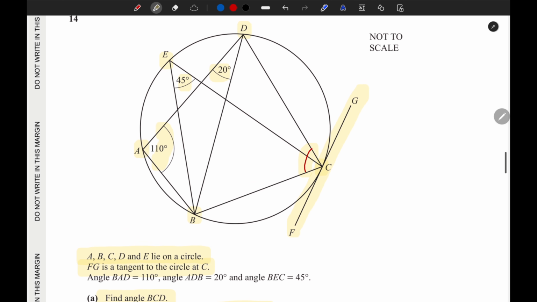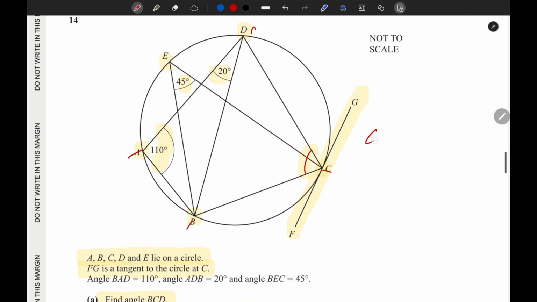Okay, see, if you look at this figure, you will see that A, B, C, D, this is what? This is a cyclic quadrilateral.